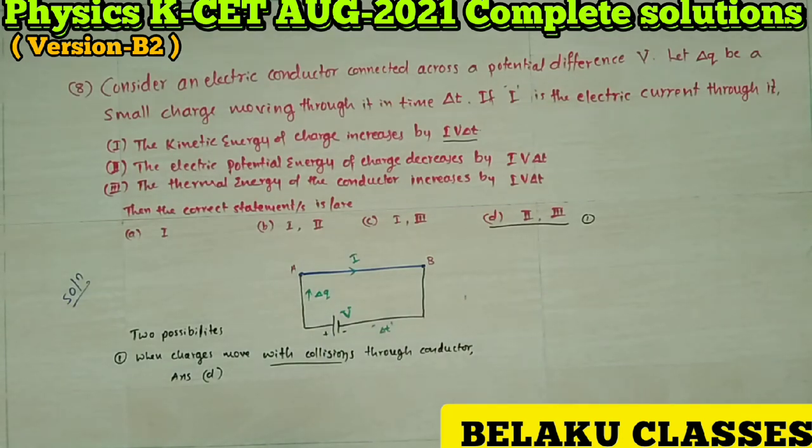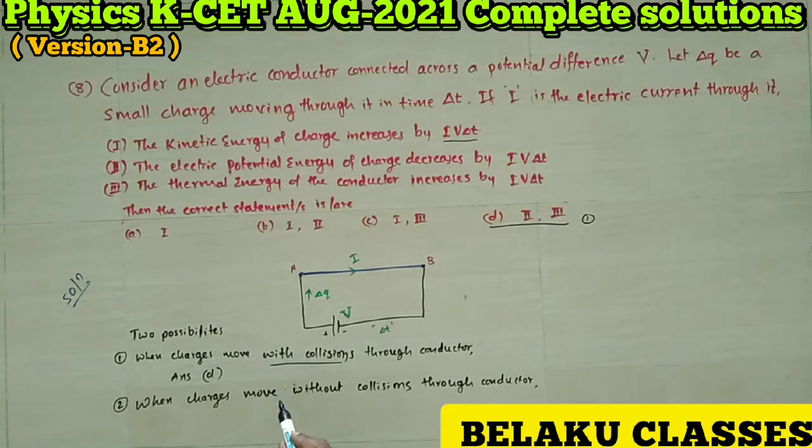The second possibility is when charges move without collisions through the conductor. What you find here is that when the charges move without collisions, there is an increase in kinetic energy.